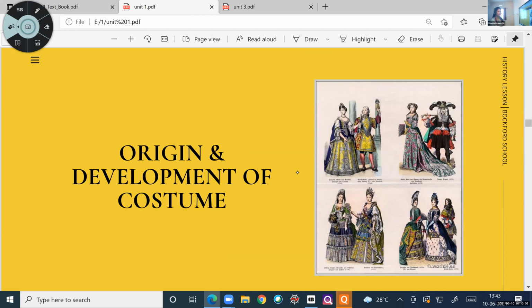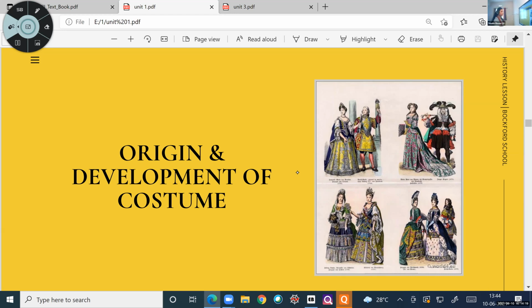Any example for the identification part? In India, married women under Hindu culture wear sindoor, right? To tell others that I am a married woman. And they also wear the thali to show that I am a married woman.